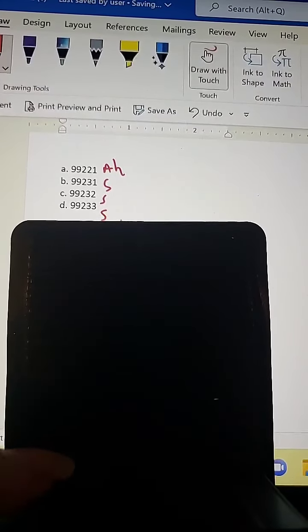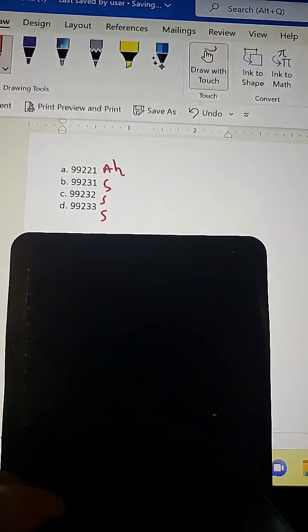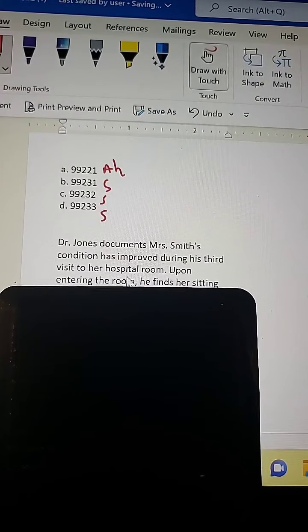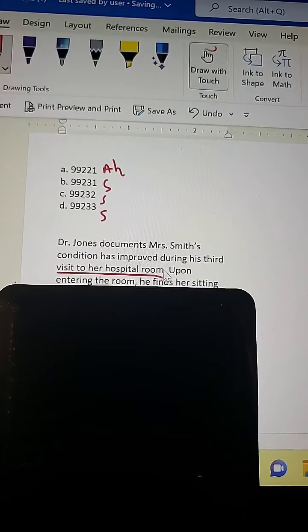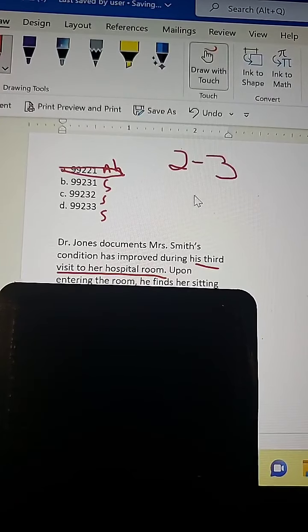So let's just check and see if we are doing an admit or if this patient is getting rounds on the next day and being a subsequent visit. So I see third visit to the hospital room. So I know that this can't be initial admit, that we will be doing subsequent. And to do a subsequent, you need 2 out of 3 components to match to be able to bill a different level.